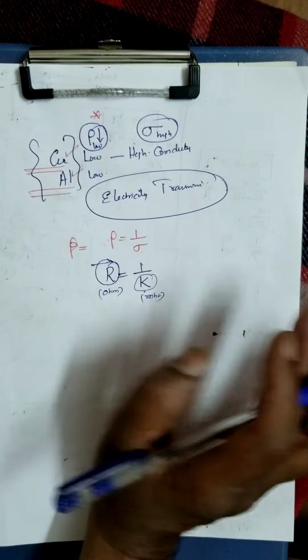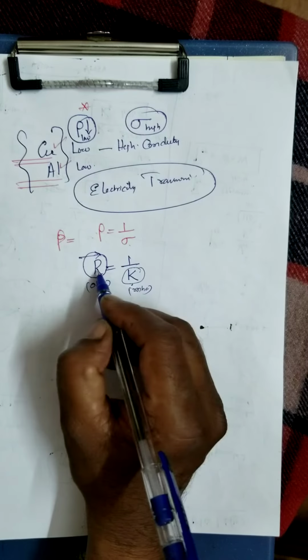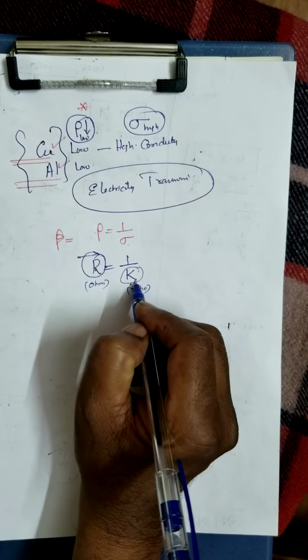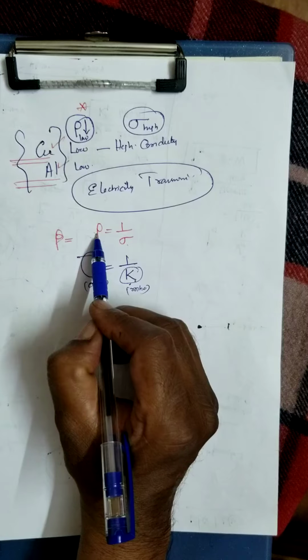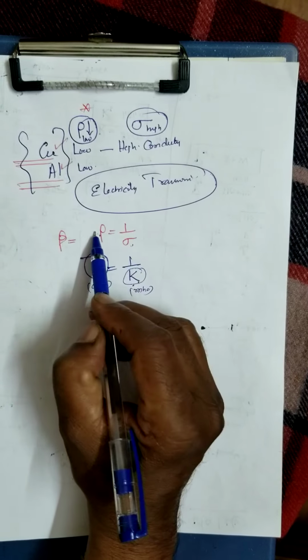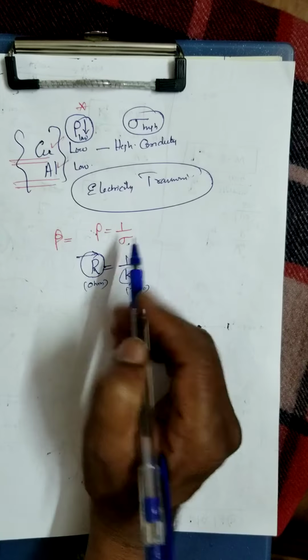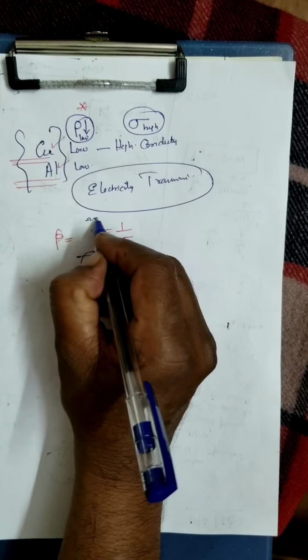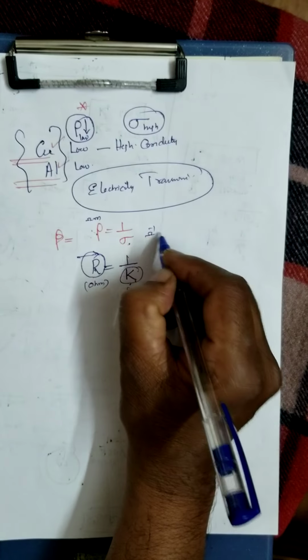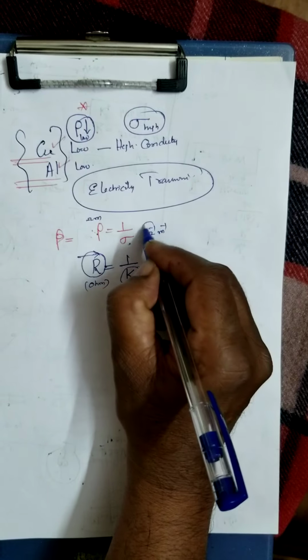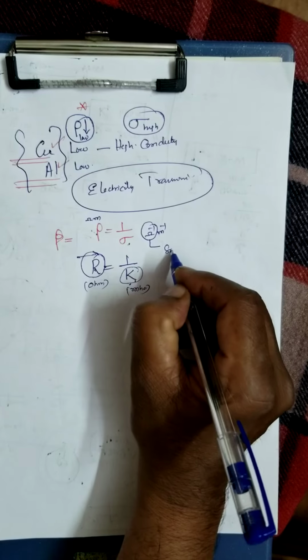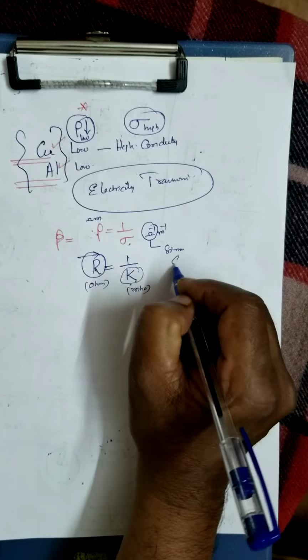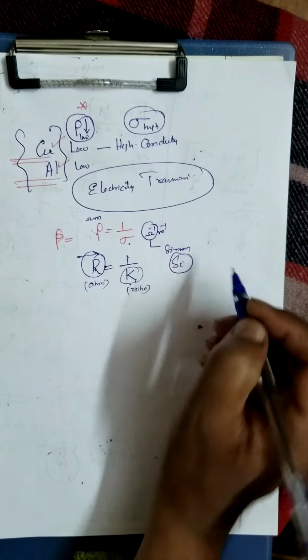Both are inversely related. This is resistance, this one is conductance. This is specific resistance, this is specific conductance. Resistivity, conductivity. The unit is ohm meter, and here per ohm per meter. Per ohm is also called Siemens.